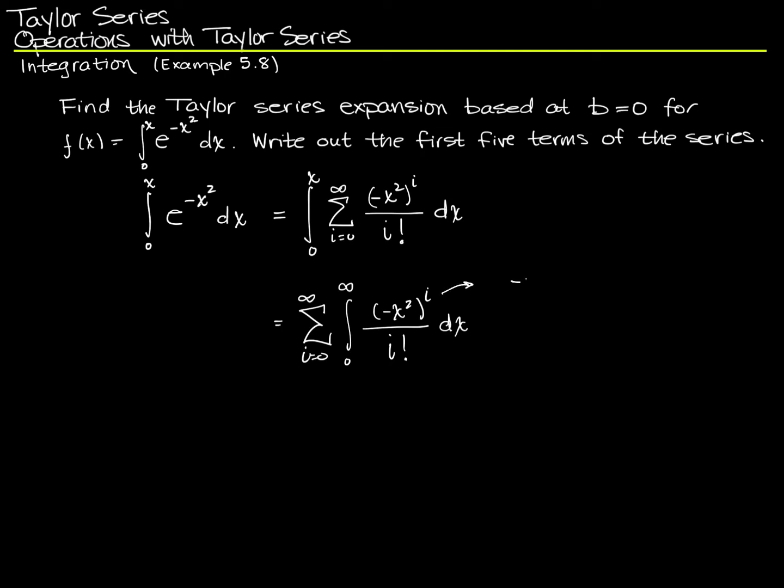Instead of negative x squared to the power of i, I'm going to think of this as -1 to the power of i times x squared to the power of i, and then rewrite it again as -1 to the power of i times x to the 2i. So I'm just going to rewrite that.